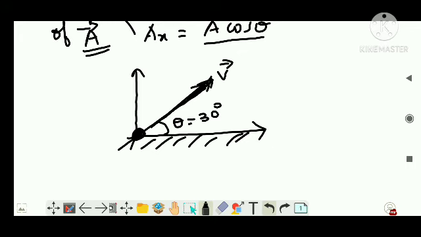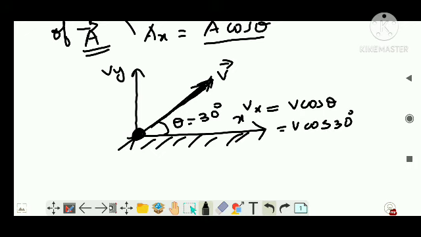This is the horizontal component, that is x direction. So this is vx and this is vy, and we just told you vx is v cos theta. So this is v cos 30, right? Similarly, what will be vy? This is v sin 30.